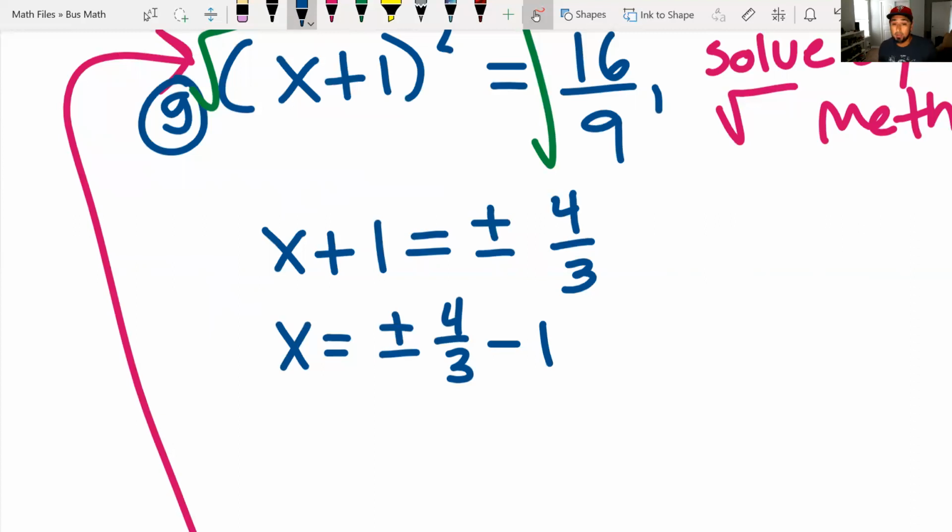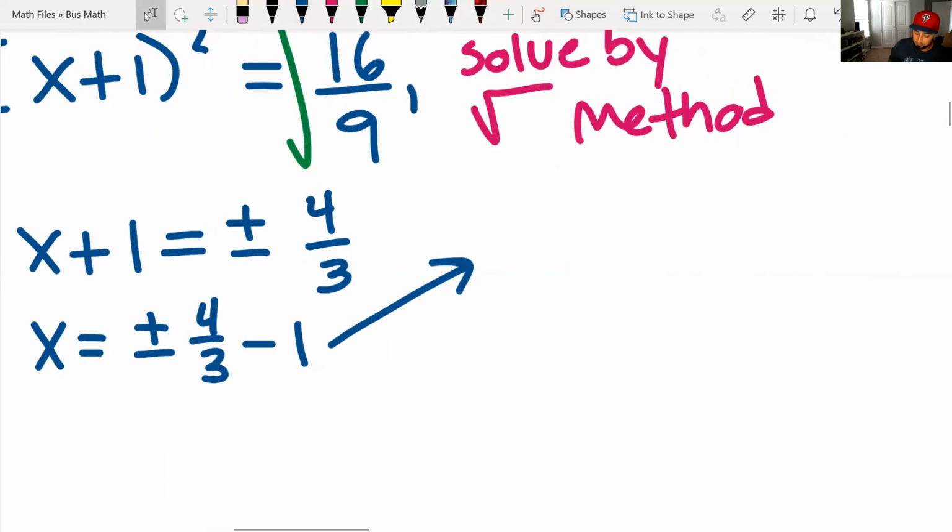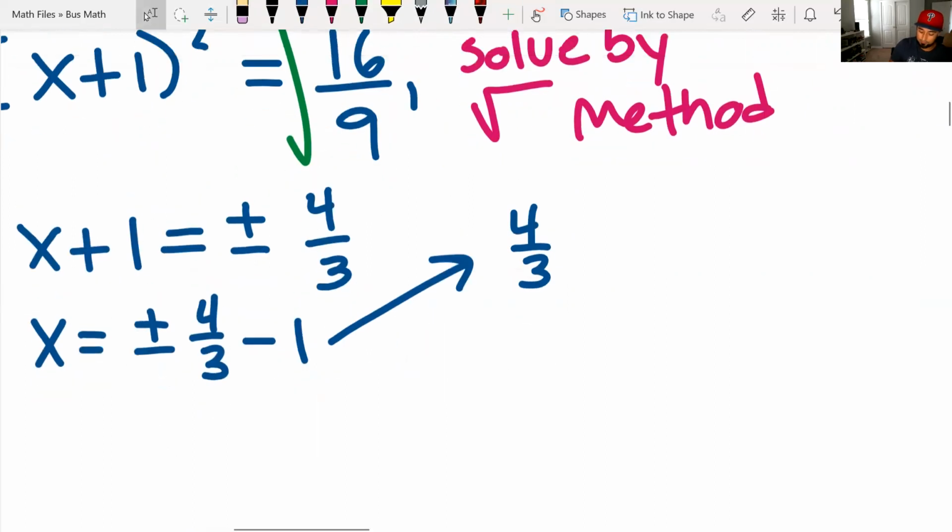Okay, we now have to solve it more, which means we're going to go the plus route, which will give me, actually, don't forget the x.